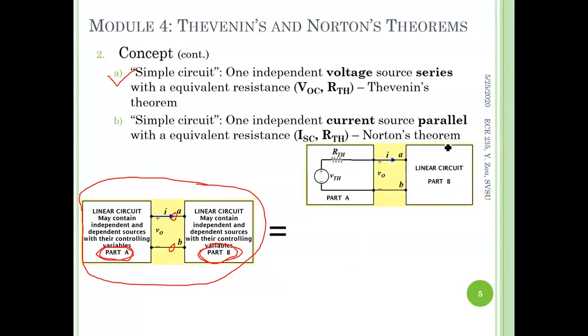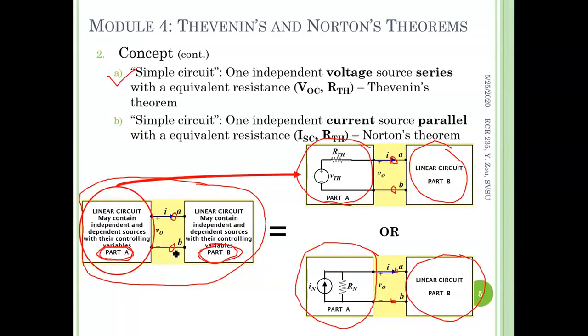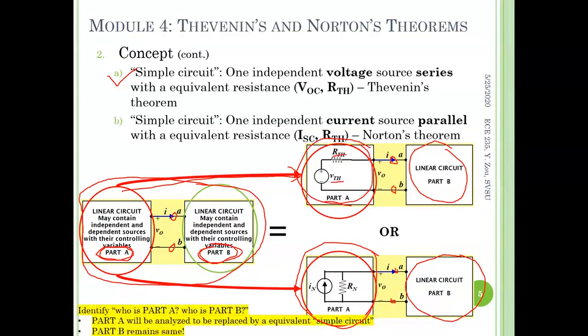For Thevenin, we keep part B without touching it at all, and across terminals A and B we find the equivalent Thevenin circuit for part A. Norton is similar: across terminals A and B, we look for a Norton equivalent circuit for part A. So part A becomes a series connection of an independent voltage source and a resistance for Thevenin, or a parallel connection of an independent current source and a resistance for Norton. Once again, part B remains the same.